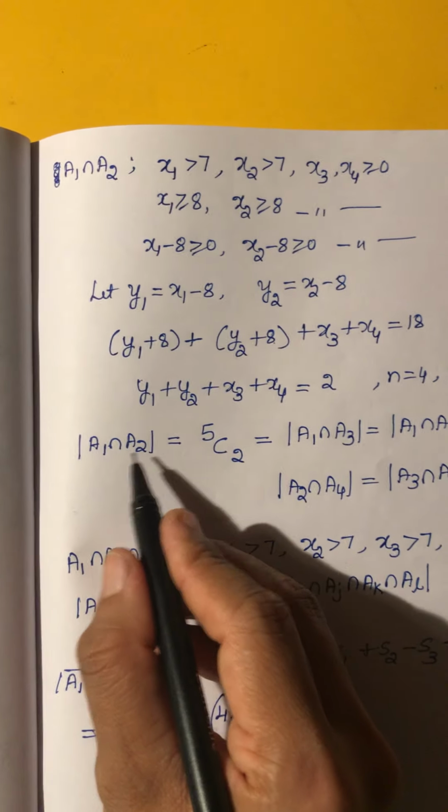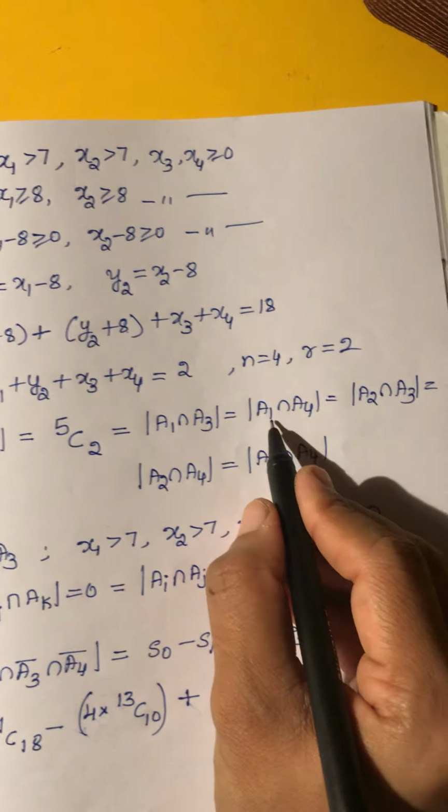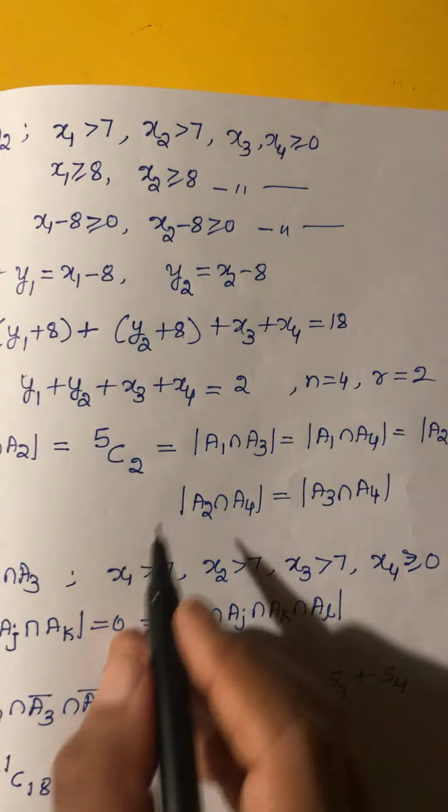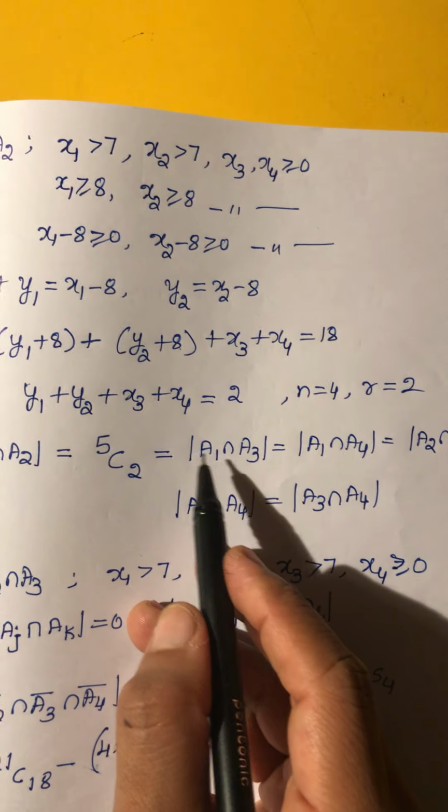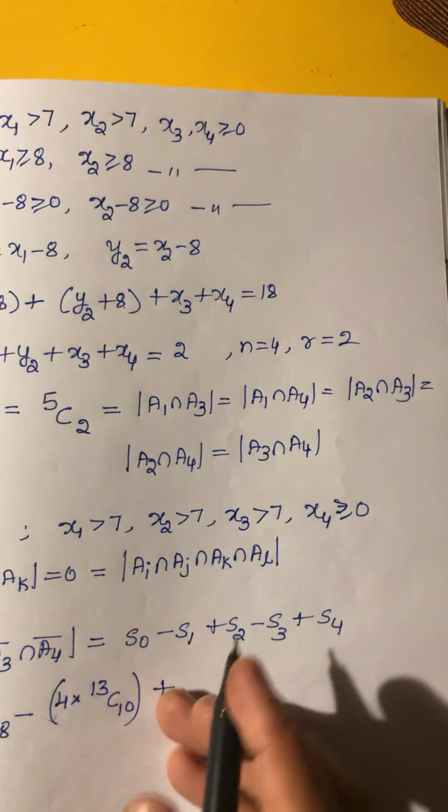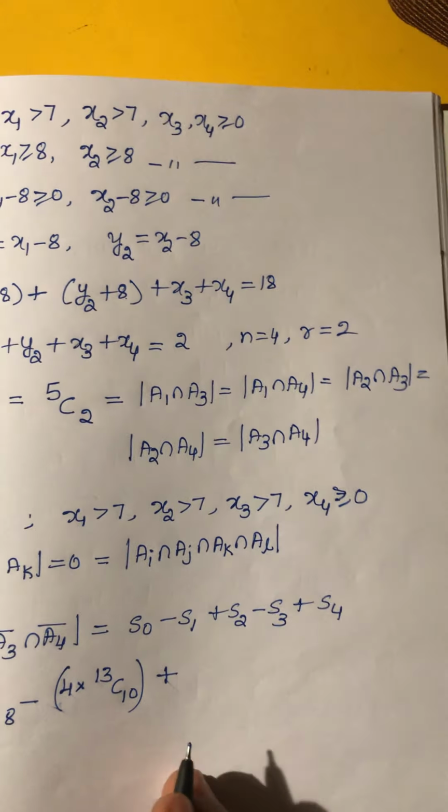Next, plus. Now take S2. S2 is summation mod of Ai intersection Aj. That means we have to take these cases, A1 intersection A2, this. Okay, I mean intersection of all pairs, intersection of two sets. How many times do we have? 1, 2, 3, 4, 5, 6.